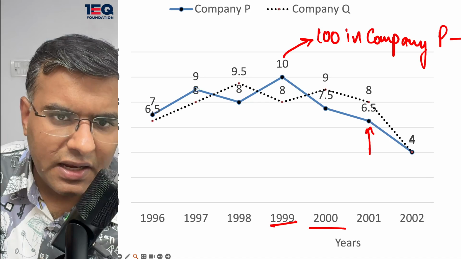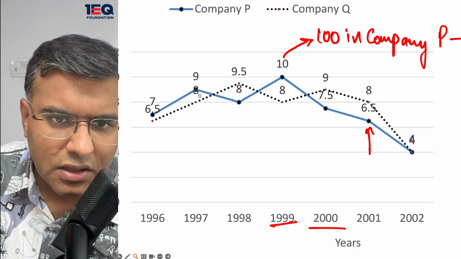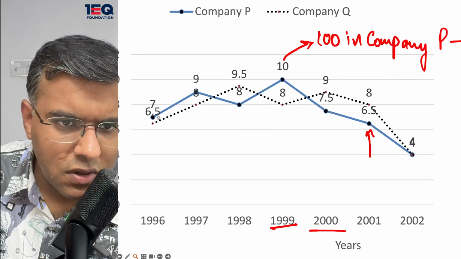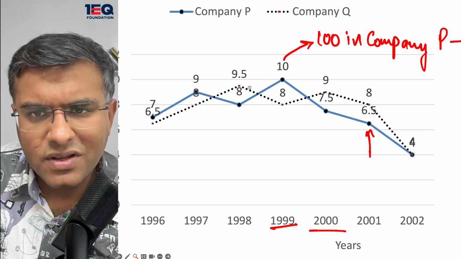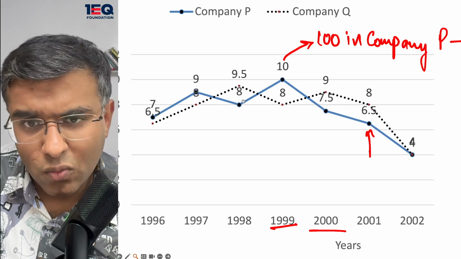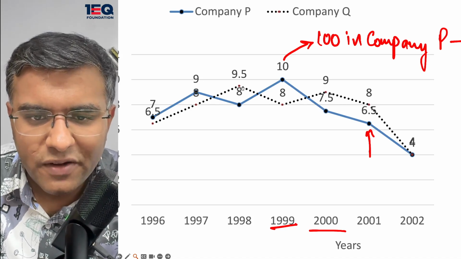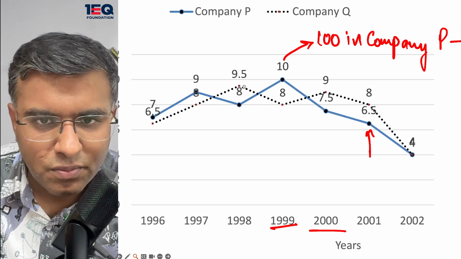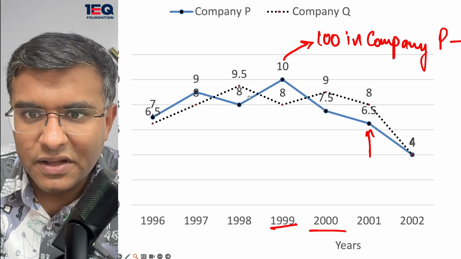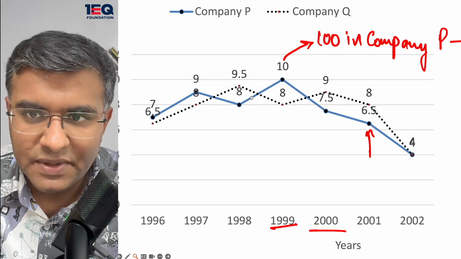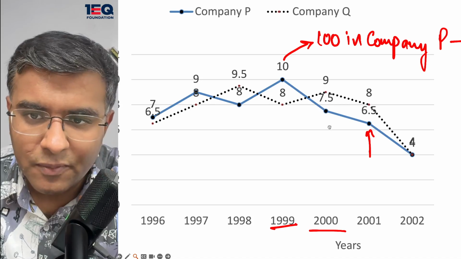Similarly, 9 and 8. Let me try to understand. I'm not able to figure out what is what here, like whether 9.5% corresponds to P or 8% corresponds to P. I'm not able to figure that out because you'll have the same problem in the examination. So I need to avoid that situation and I'll try to nip it in the bud.